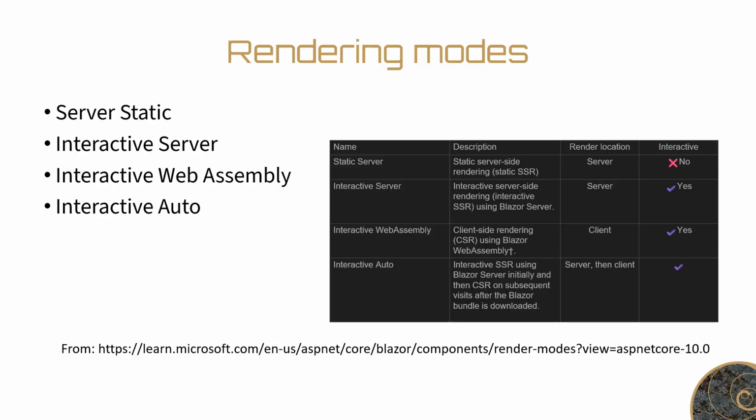With WebAssembly, a full-up WebAssembly application that was built using our C# goes to the client, and actually all the interactivity happens on the client. And then interactive auto starts off on the server, but then on subsequent visits, once the Blazor bundle is downloaded, it will actually run on the WebAssembly. So first it starts server, then it goes to WebAssembly.